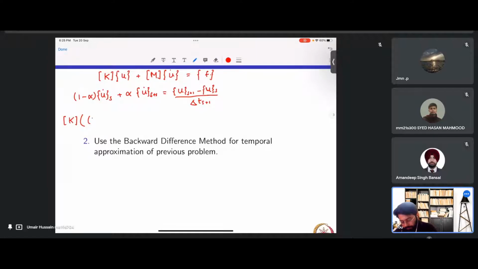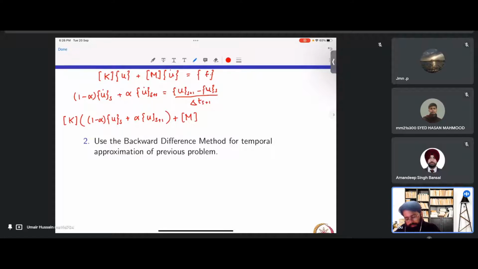Here the mass matrix is also independent.